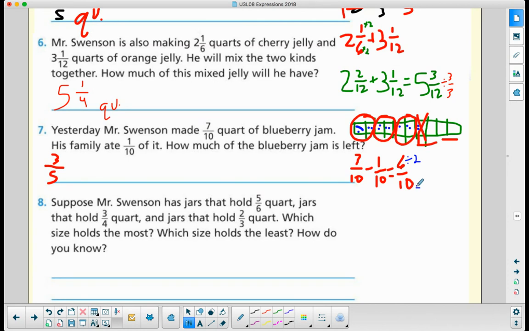I put them into groups of 2, divided to see how many 2s I had, and I got 3/5. Fractions aren't super bad. They're just a lot of steps. I ended up having 3/5 of a quart left. Actually, quart I think is QT, to be honest with you.